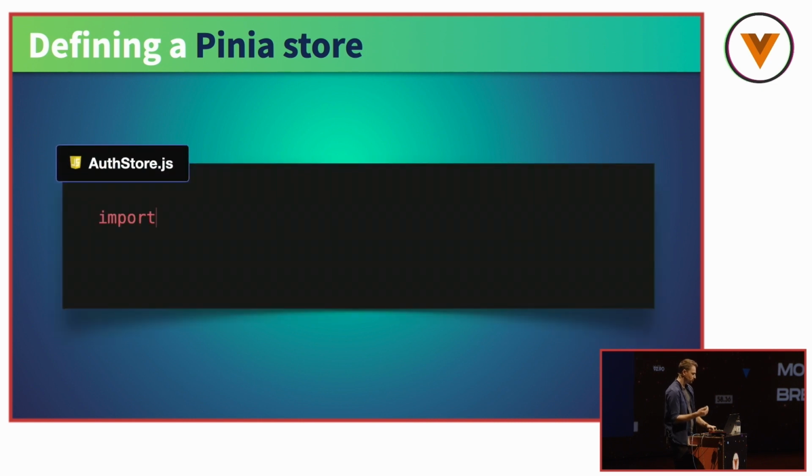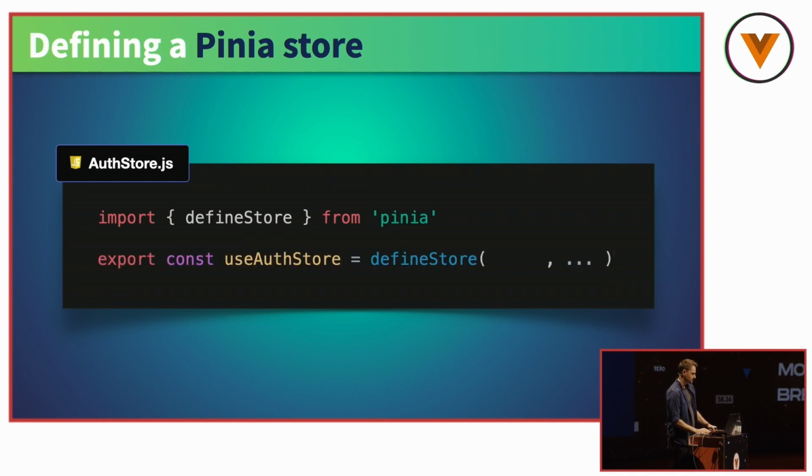Now, when we're defining a store, either way, we would want to be importing the defineStore method from Pinia, and then when we're defining that store, we're passing in really the ID for that store. In this case, we're giving it an ID of auth.